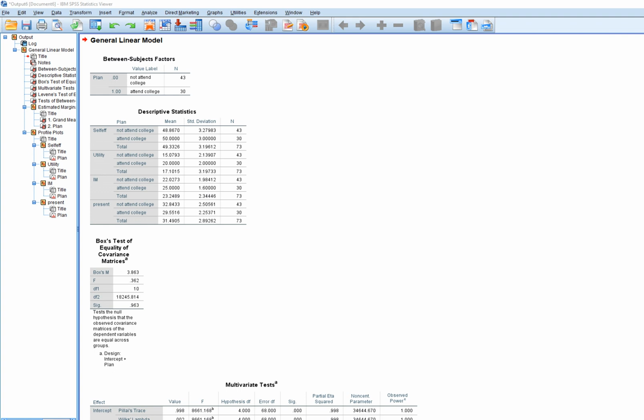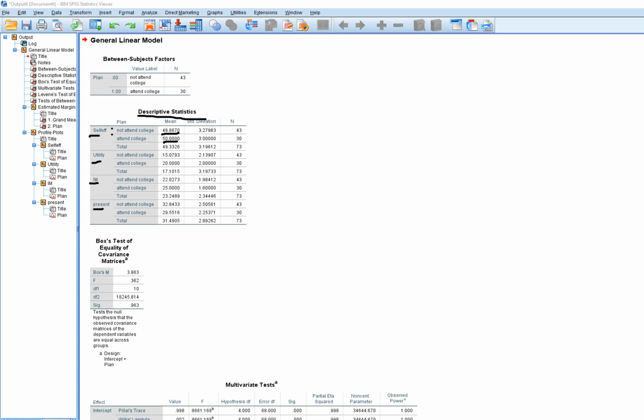So first off, you'll notice that we have descriptive statistics associated with each of the dependent variables. So there's self-efficacy, utility, intrinsic motivation, and present orientation. We've got the means for each group, so the intention not to attend college group versus the intention to attend college group. You can see that self-efficacy is higher for the attend college group.